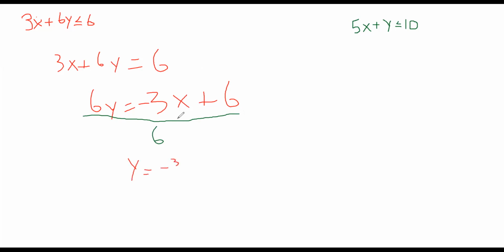That's going to be negative 3 over 6x plus 6 over 6. We reduce those fractions. You're going to get y equals negative 1/2 x plus 1. Negative 1/2 x plus 1.